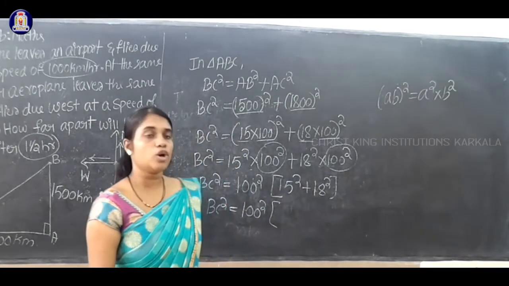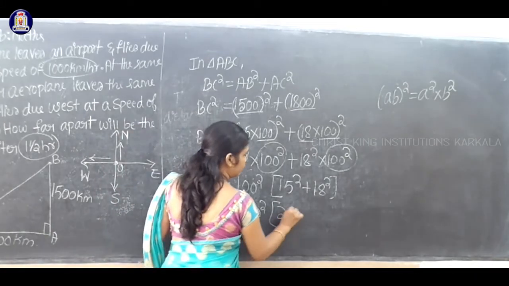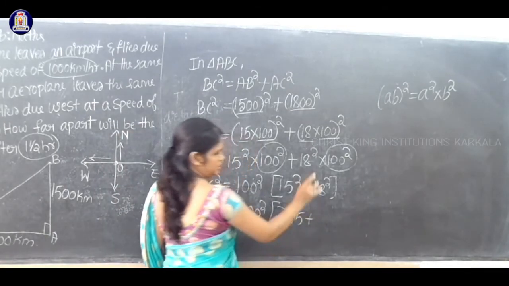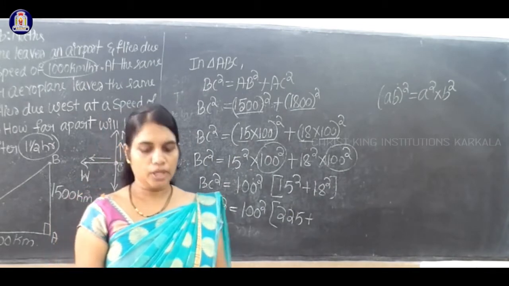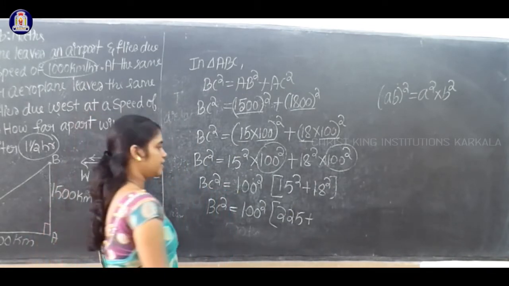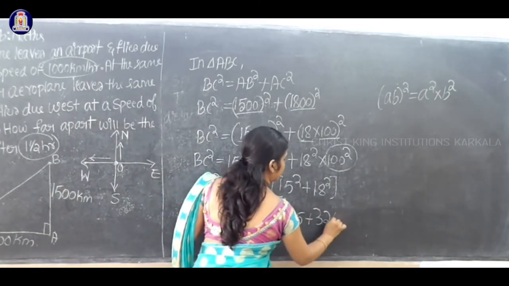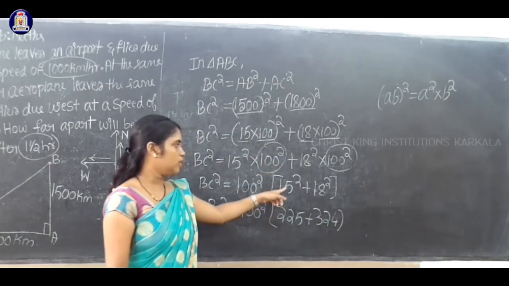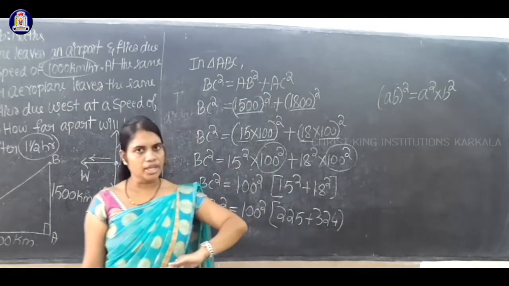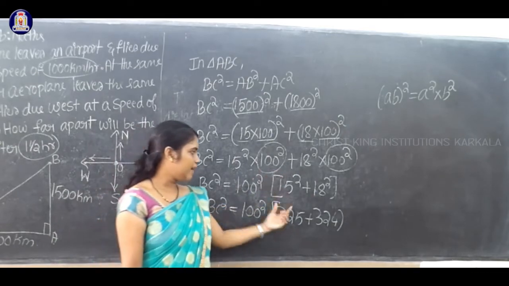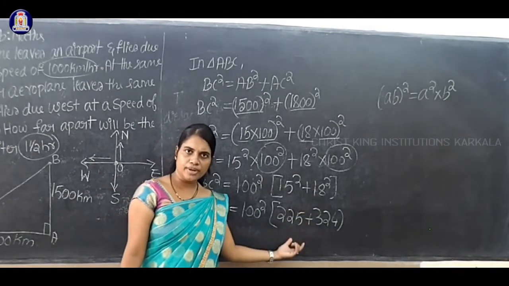15 square equal to how much? 225. Okay. Plus 18 square equal to how much? 324. How to calculate 15 square? It means 15 into 15. Multiplied, your answer will be 225.